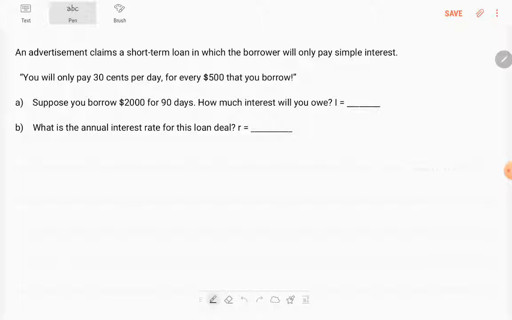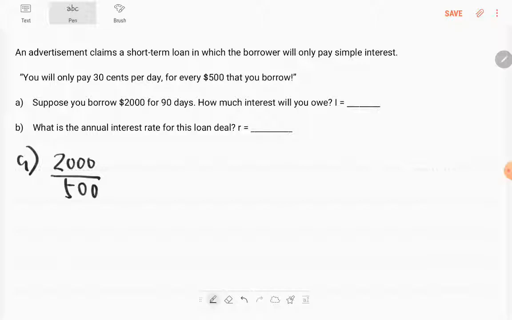So for every $500 you need to pay 30 cents per day. Now we borrow $2,000. So how many $500 do we have in $2,000? It's 2,000 divided by 500.